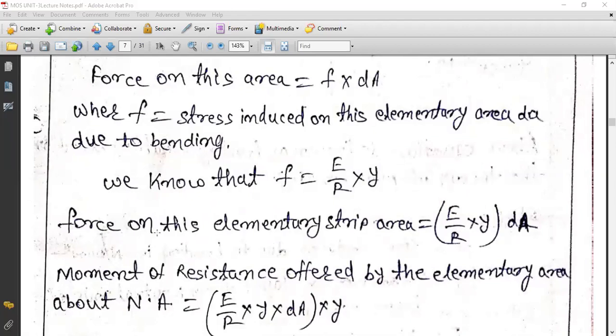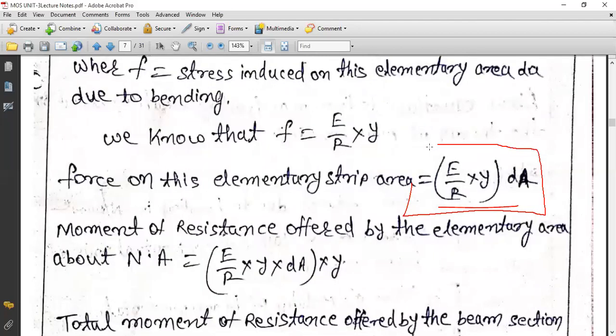Next, moment of resistance offered by the elementary area. So this is the force, this is F, which is the force applied on the elementary area.